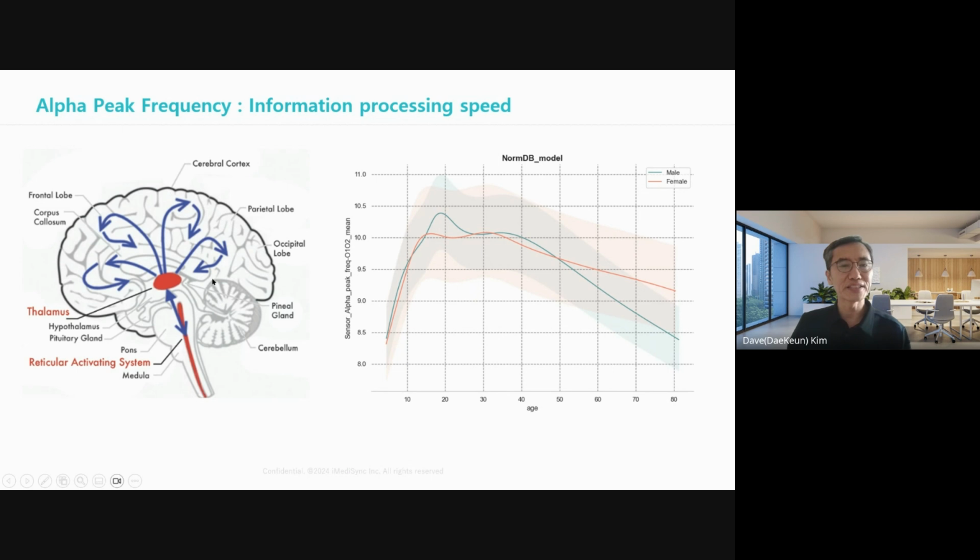Actually, all the EEG rhythms are made by the synchronous activity of neuronal assemblies. That kind of mechanism makes a very big rhythm. So the basic mechanism of oscillation is the synchrony of a lot of neural assemblies. In this alpha case, the thalamo-corticothalamic loop acts as the pacemaker making an alpha rhythm.